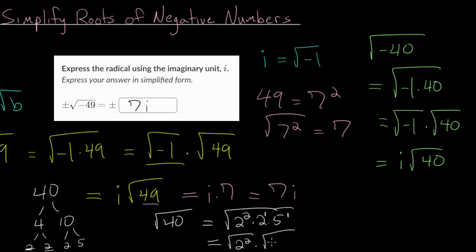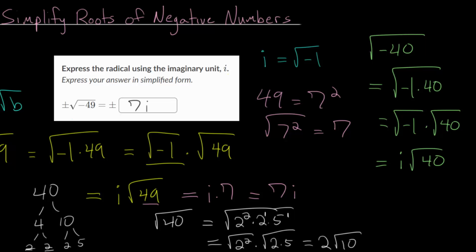So we can just put 2 times 5 together, since we're not going to find a whole number square root of either of these factors here. So the square root of 2 squared, which is just the square root of 4, we know that's 2. And the square root of 2 times 5, we're going to just rewrite as the square root of 10 since we can't simplify this any further.